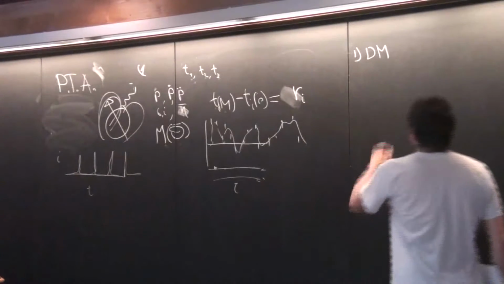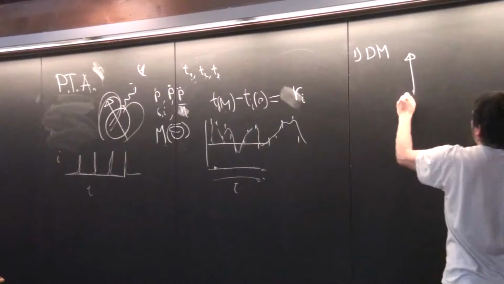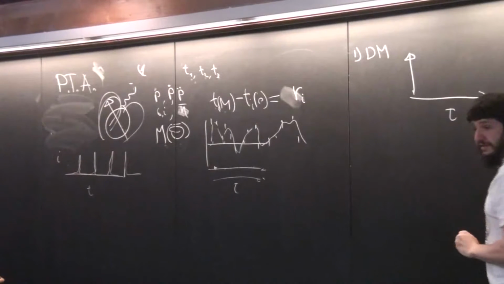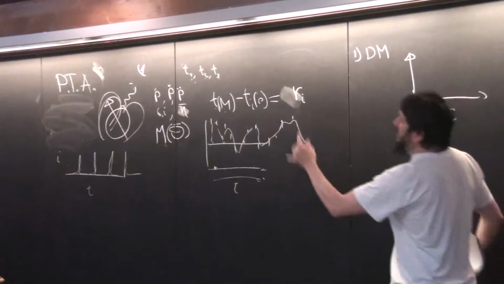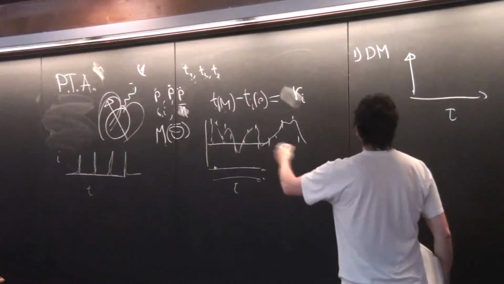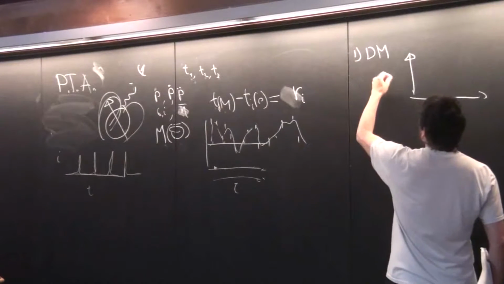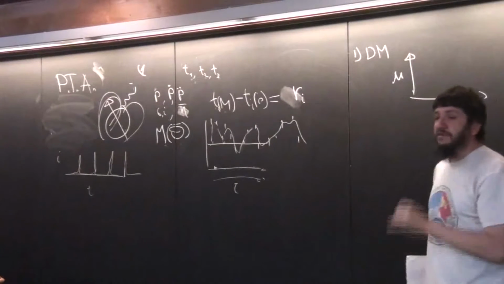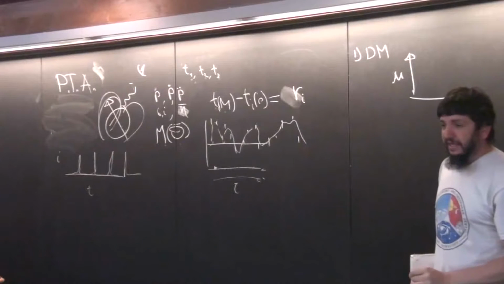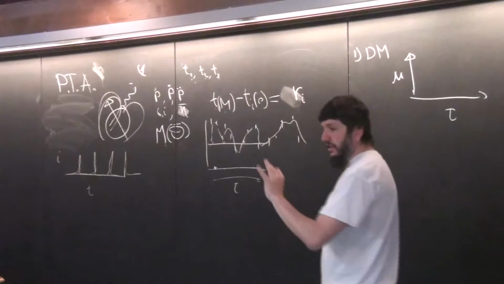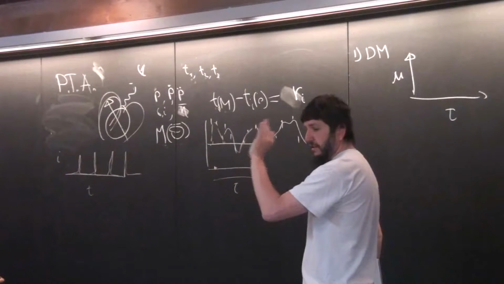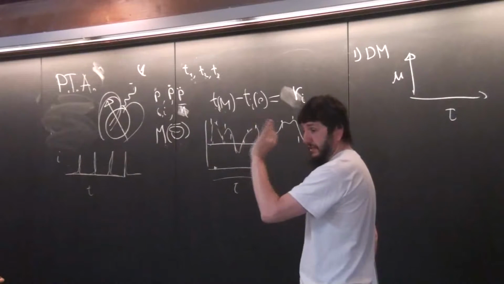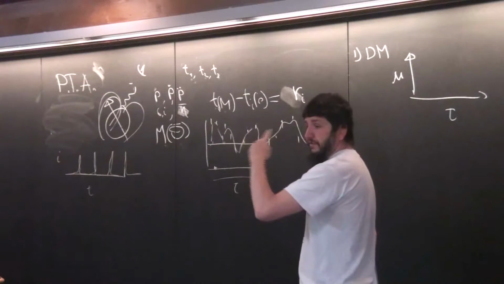So if you have now an observation, this is a time of arrival, and the frequency of the pulsar was nu. This is, let's call it mu. Mu is the frequency at which you observe with your detector, of your radio telescope, which is not the rotational frequency of the pulsar.